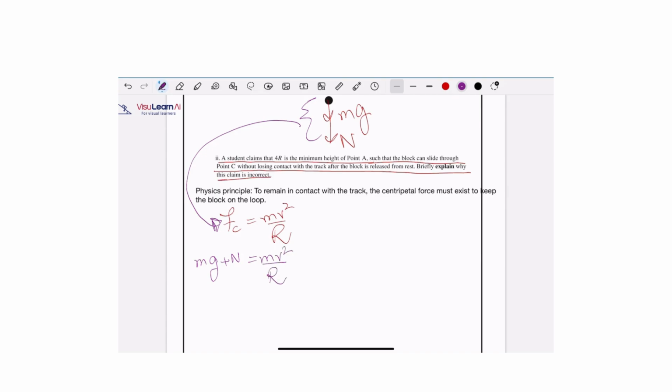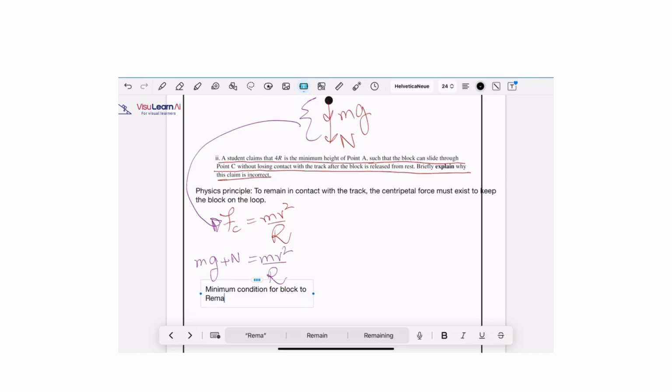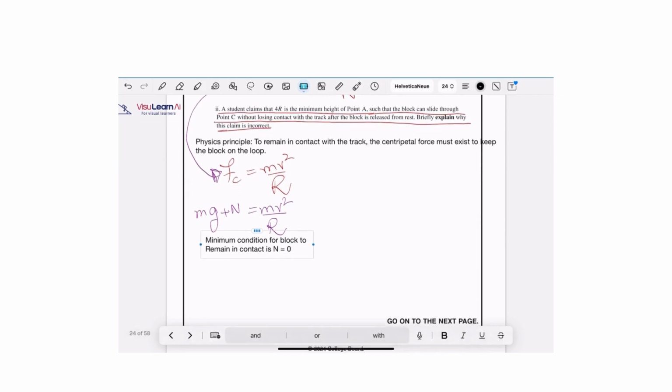There's one more thing here though. We have another condition: the block can slide through point C without losing contact with the track. So when is this going to be true? What is the minimum condition for the block to keep in contact? The minimum condition will be that N is equal to 0.